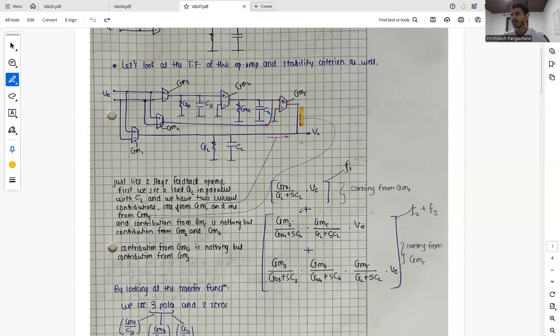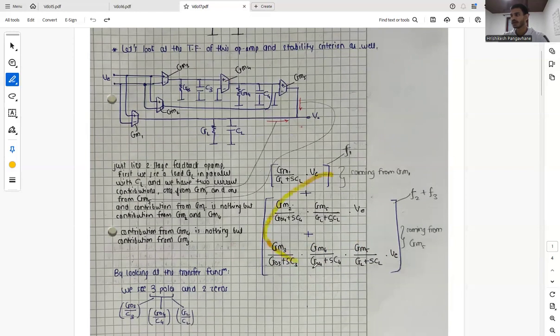So this current is totally given by this, and the contribution coming from GM4 is nothing but GM3 divided by the total conductance associated with it, multiplied by GM4 divided by the total conductance, times GM5 divided by the total conductance associated with it, times VE. So this is the current coming from GM5.